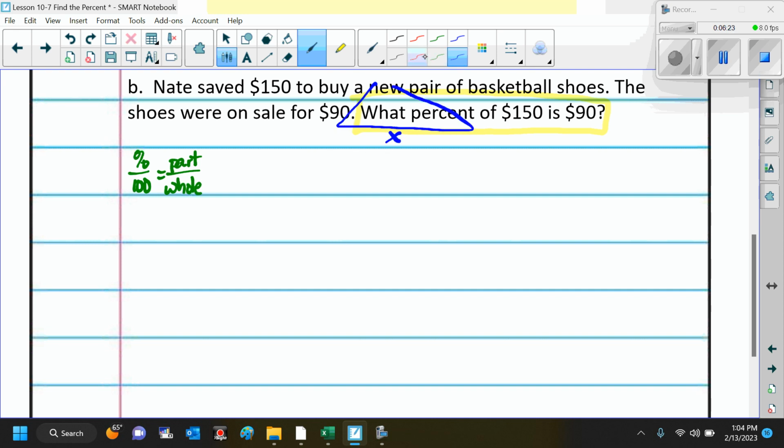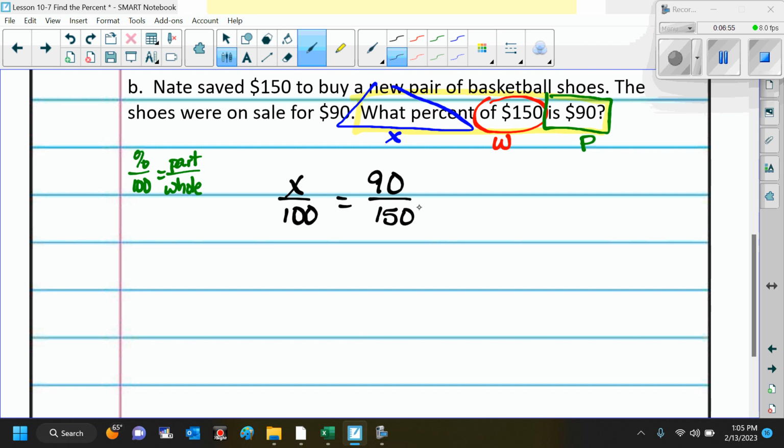That's going to be our x. The of number is 150. That's the whole. And the is number, that's 90. That is the part. So we set up our proportion. We have x over 100 is equal to the part, which is 90, over the whole, which is 150.